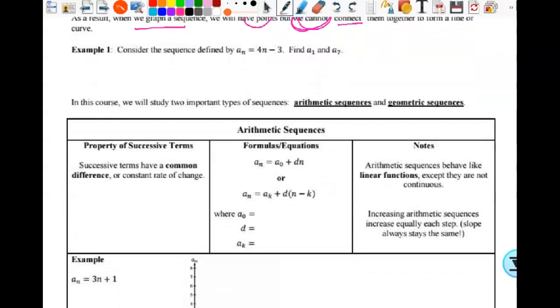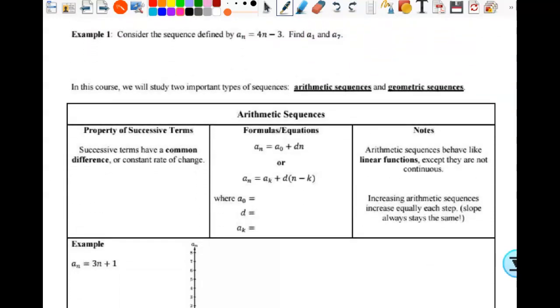So we consider a sequence defined by this. Now notice this looks linear here, but this does not say y equals. It's different. That a sub n means we're just getting one little output here. Find a1 and a7. So that means a sub 1 is equal to 4 times 1 minus 3.